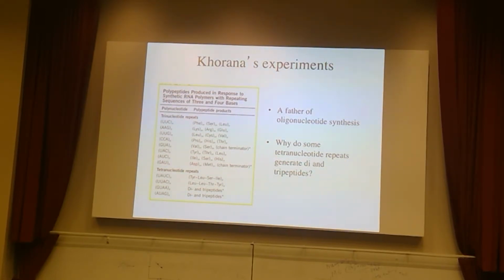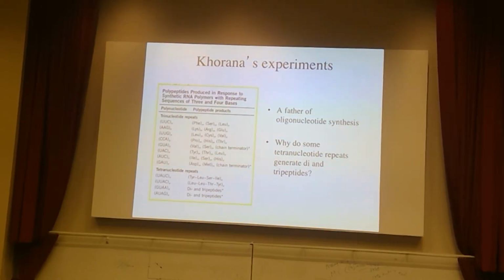And this was done by one of my scientific heroes, Gobind Khorana, who was a father of oligonucleotide synthesis. He was a phenomenal synthetic chemist, and he figured out ways to synthesize DNA polymers in specific sequences.